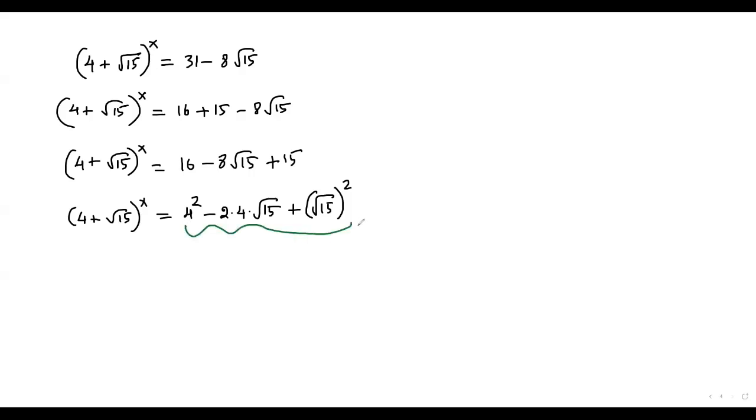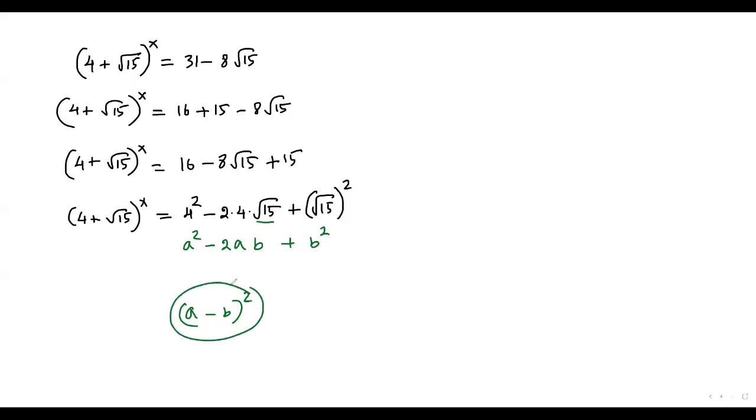Now the trinomial we have over here is in the form a² − 2ab + b². Whenever we have a trinomial in this form, a² − 2ab + b², it can be written as (a − b)². It is one of the identities in algebra. Comparing this and this, I'm getting 4 in the place of a, and √15 in the place of b.